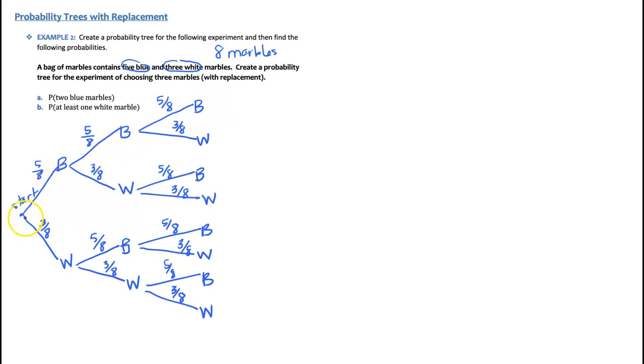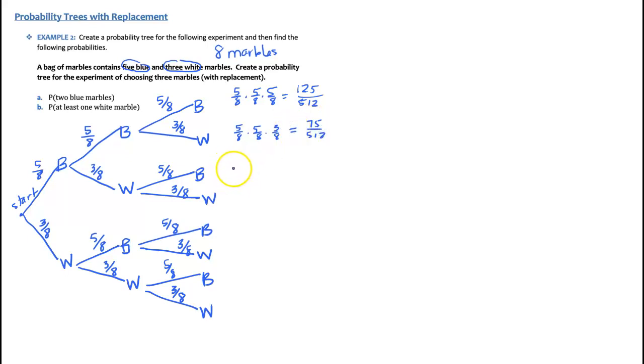Looking at the top branch, blue, blue, blue would be 5/8 times 5/8 times 5/8, which ends up giving 125 out of 512ths. The second branch down was blue, blue, white, or 5/8 times 5/8 times 3/8, for a total of 75 out of 512.